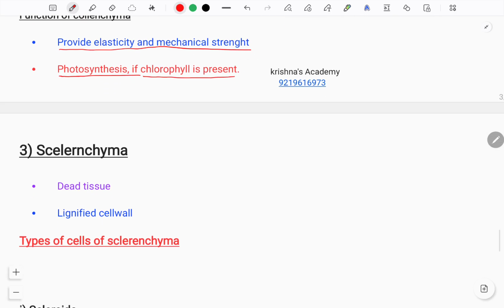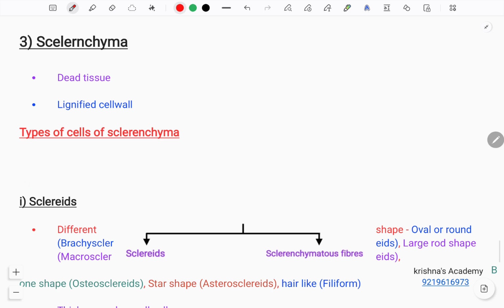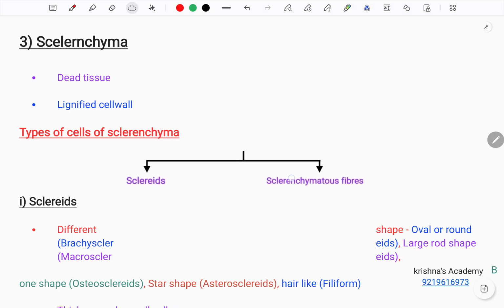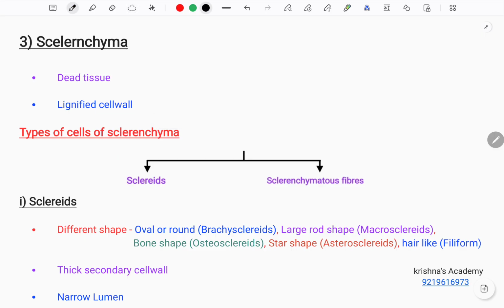Now the last type is sclerenchyma. What is sclerenchyma? It is dead tissue, and it is dead due to the deposition of lignin in its wall, and the lignin-containing wall will form the secondary cell wall.